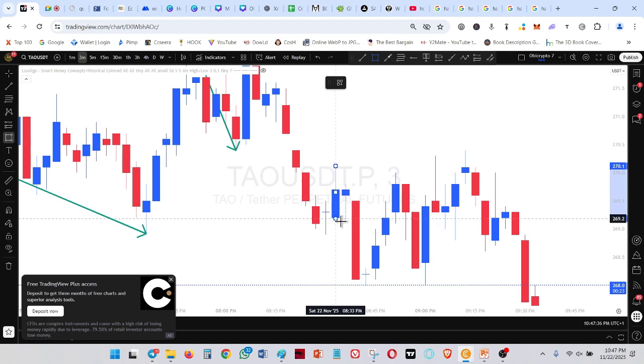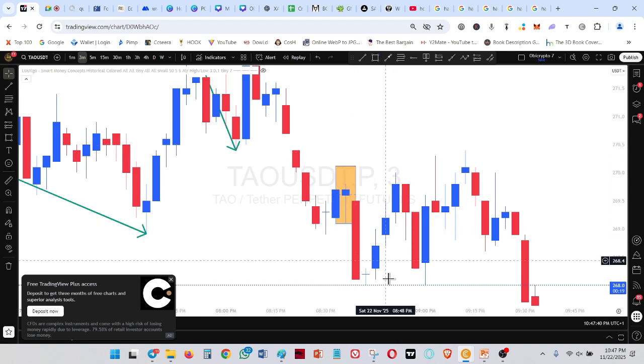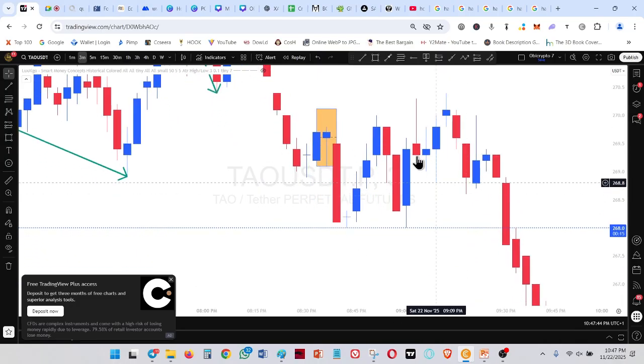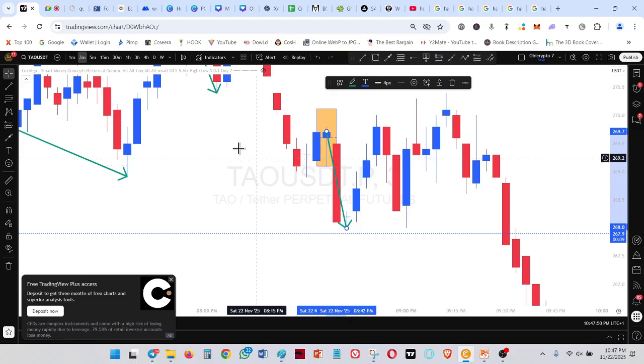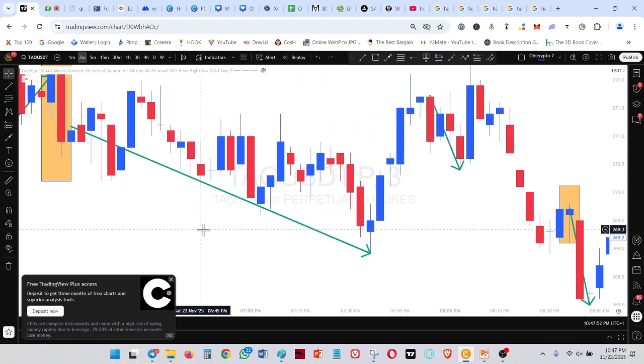If you are not seeing it, let me highlight it. This one here. Do you also agree it's a hammer? And immediately it formed, what happened? Price crashed.